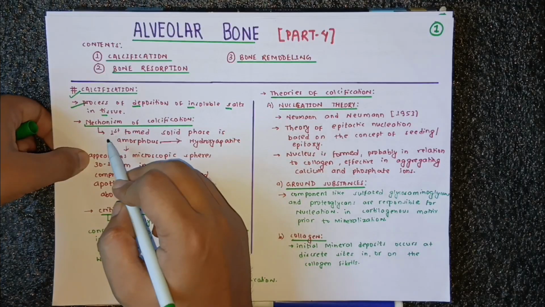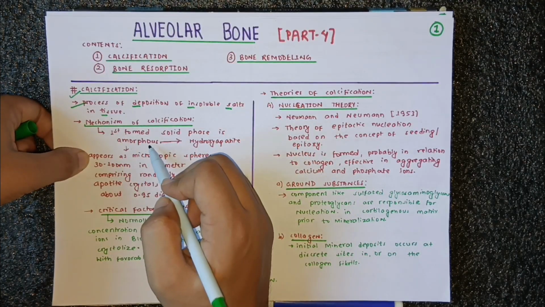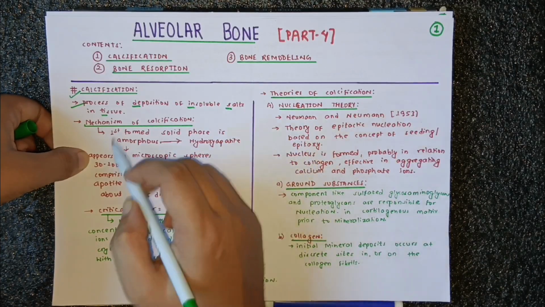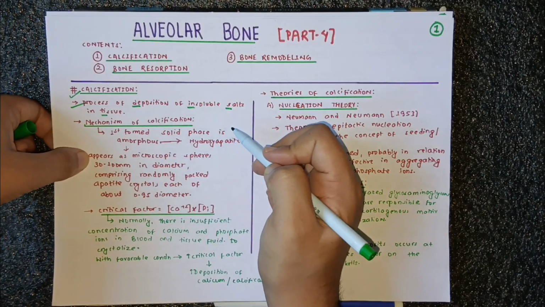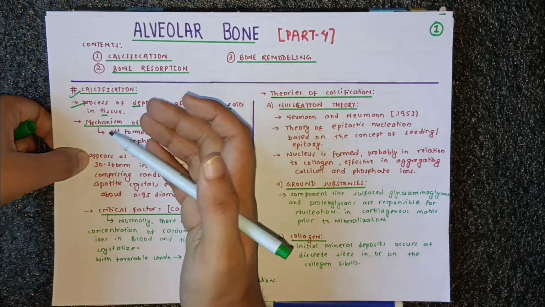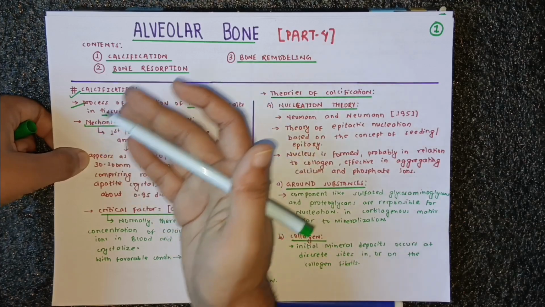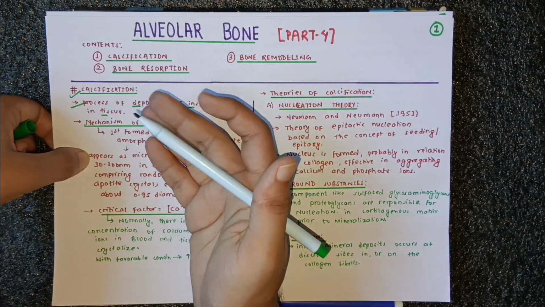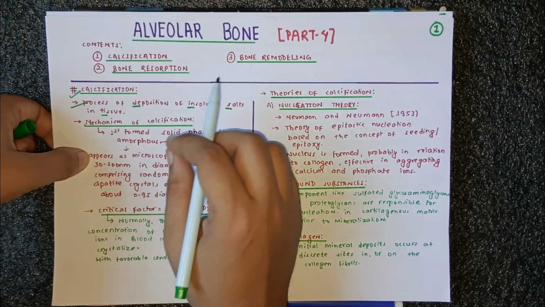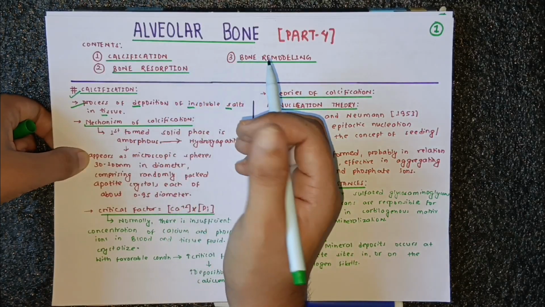In this mechanism, the first formed solid phase is amorphous, which finally changes into hydroxyapatite crystals. This calcification happens upon the matrix. As I discussed in the previous video, first there is formation of the matrix, and upon the matrix there is calcification or mineralization, in which there is deposition of insoluble salts.